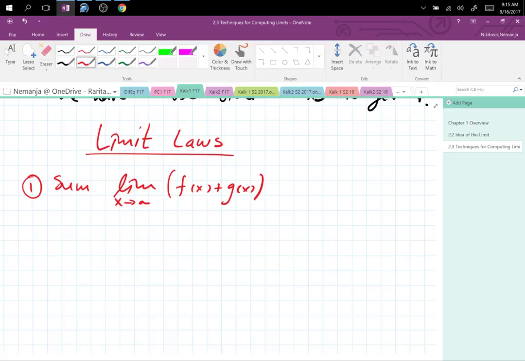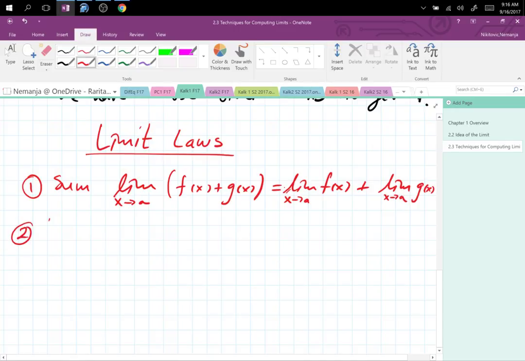Then you consider each one of these independently. You can just take the limit of f of x and then add the limit of g of x. The next one is the difference, and it's the same thing, except with the minus sign.